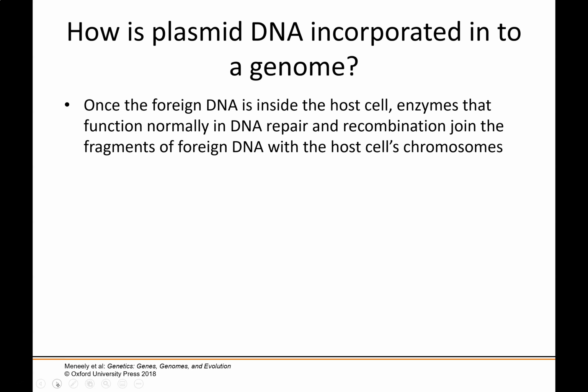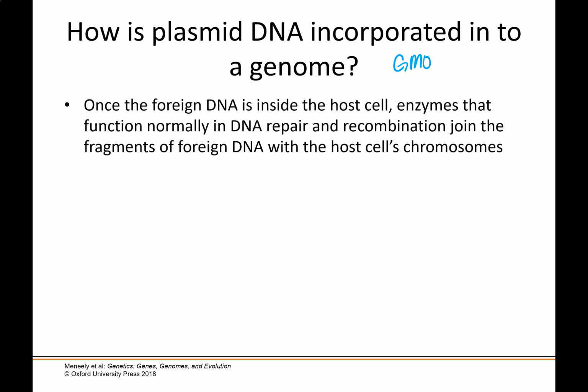So let's say that we want to use one of these recombinant plasmids for some biotech purpose. Let's say we want to introduce a gene into a eukaryotic organism because we want to make a transgenic or genetically modified organism.